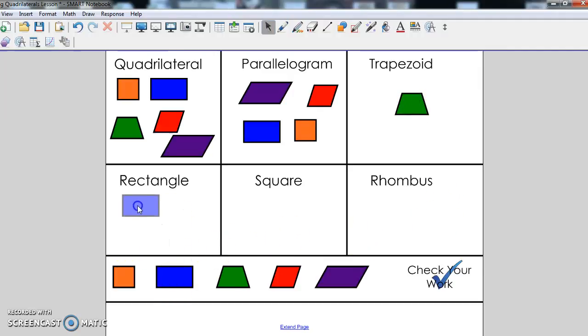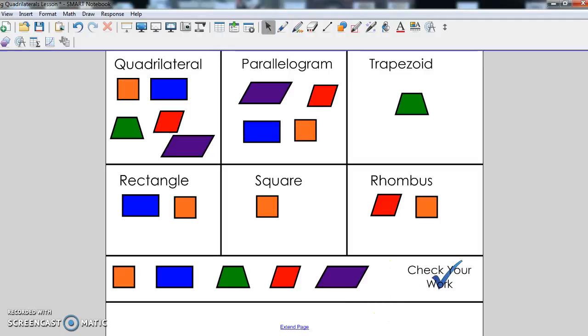Rectangle, you have the rectangle, but also remember that a square is a special type of rectangle, so a square would go in there as well. All right. Square, you have the square, and that's all. And the rhombus, here's the rhombus, and it's a special type of parallelogram. So a square is also a rhombus.